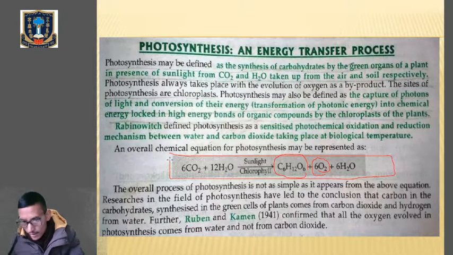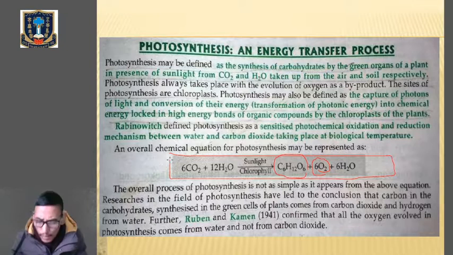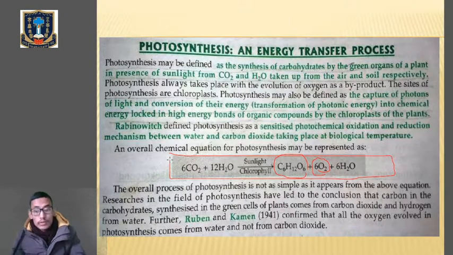Clear? Now during photosynthesis the green plants, with the help of chlorophyll, the green pigment bearing cells, synthesize carbohydrate from carbon dioxide and water in the presence of sunlight. Okay, now carbohydrate produced by photosynthesis stores the chemical energy for the entire living world.